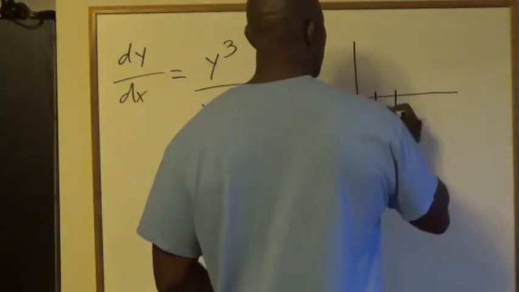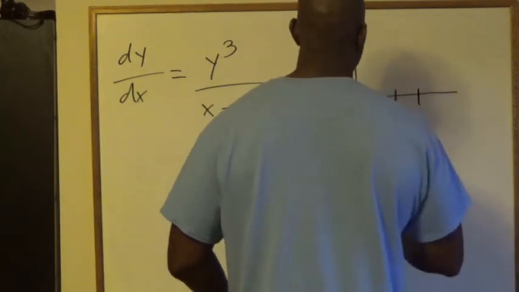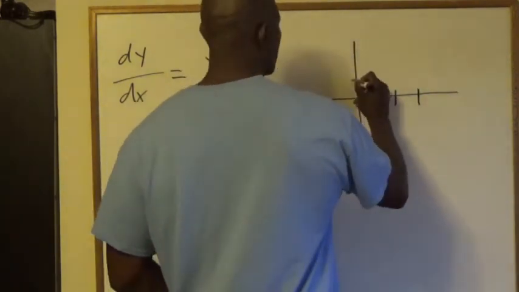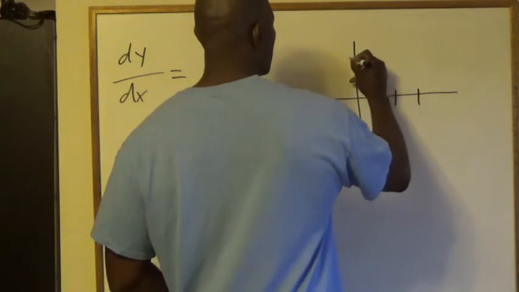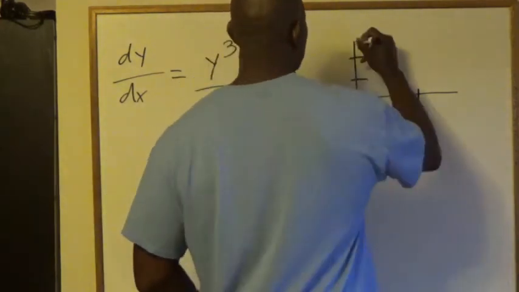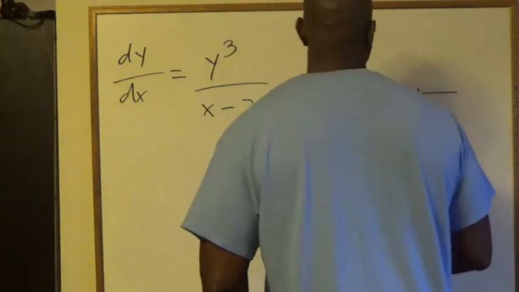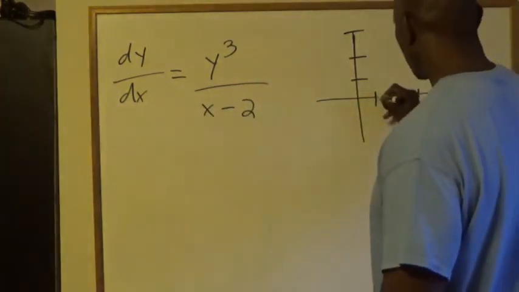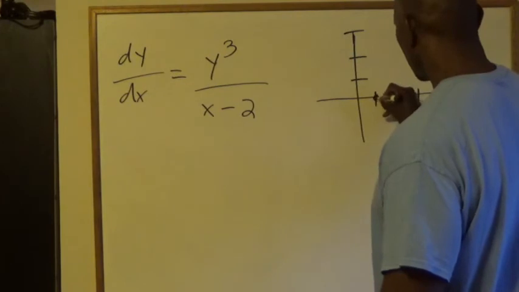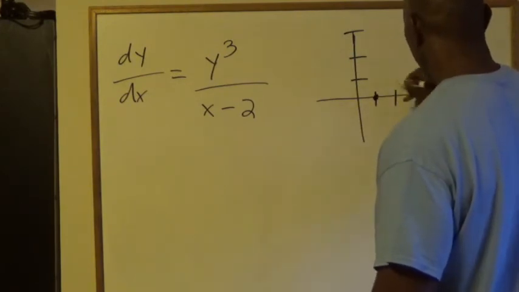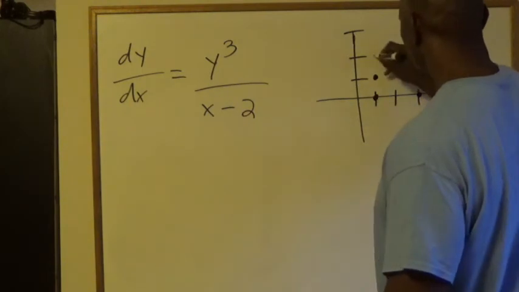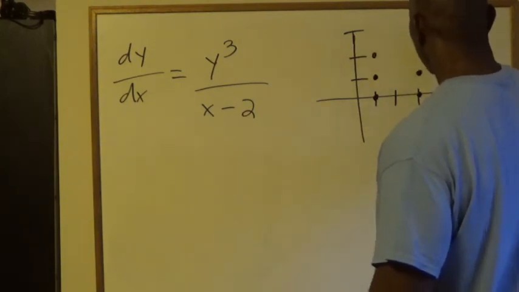Well, I can put that point here and say I put 3 there. And this is 1, 2, say 3. So let's say we have a point here, here, here, here, there, and there.